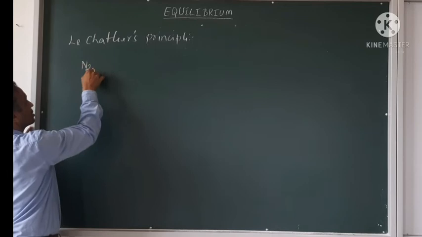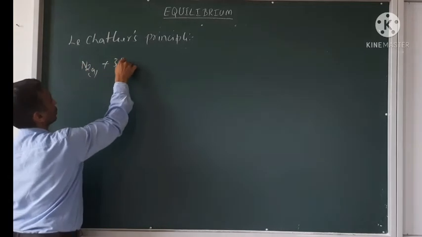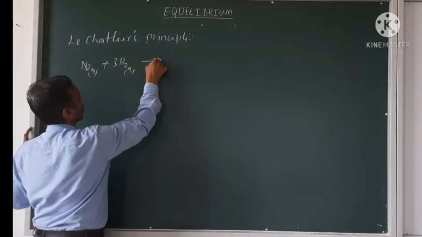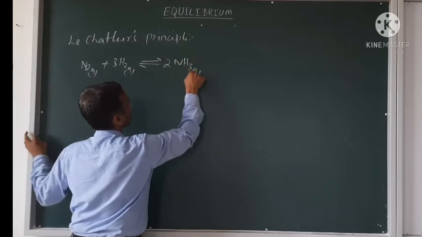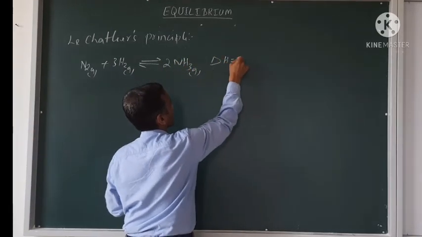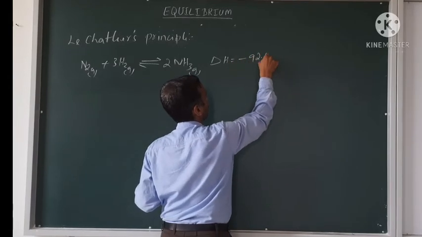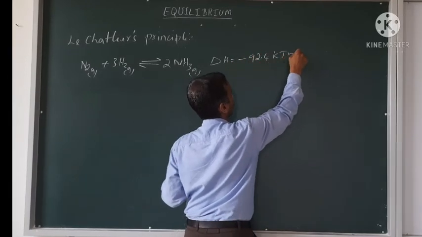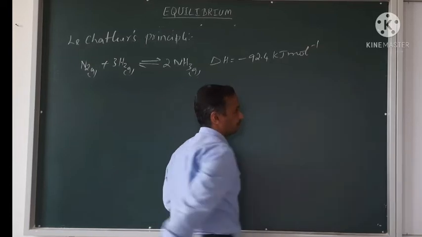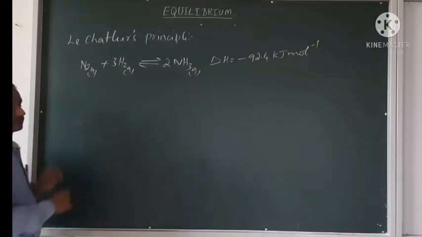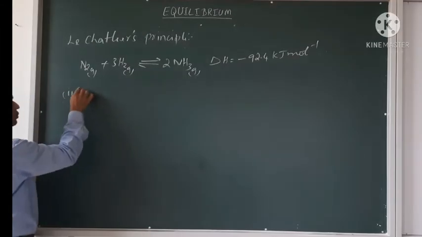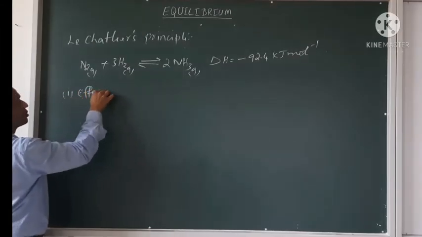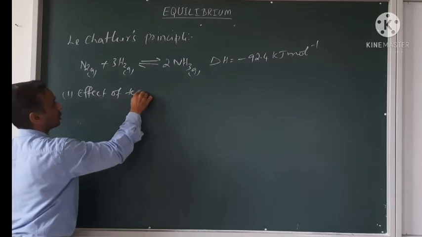N2 gas plus 3H2 gas giving 2NH3 gas. Delta H is equal to minus 22.4 kilojoules per mole. First one, I consider the effect of temperature.